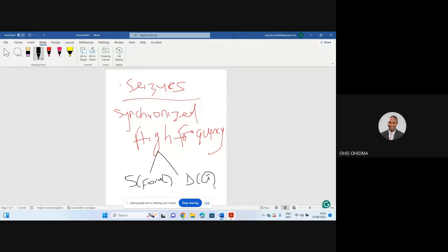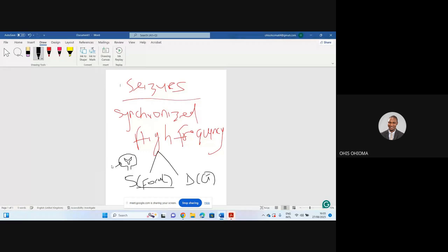The simple or focal seizures, from the word focal, means that a particular area of the brain is affected. So let's say this part of the brain is affected.